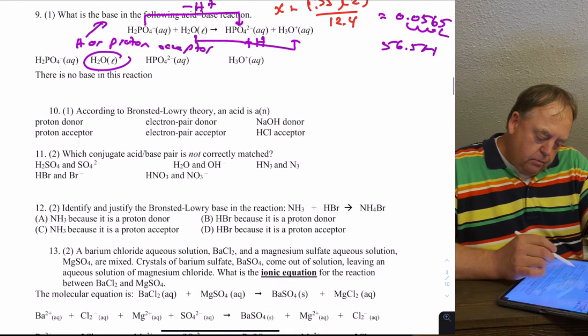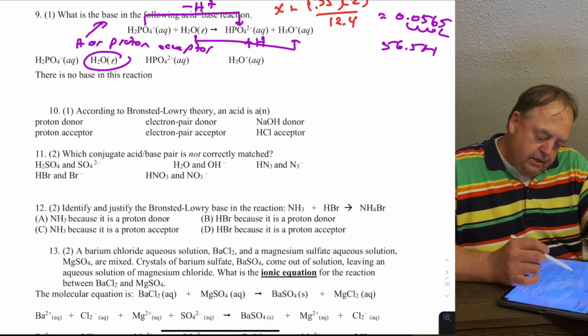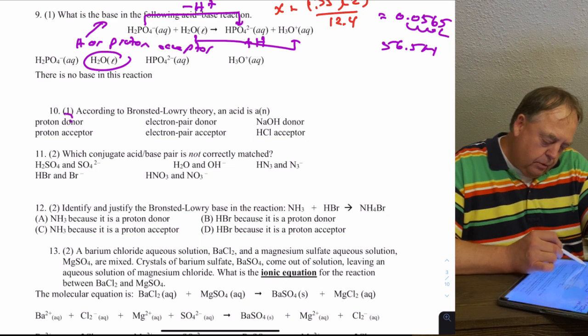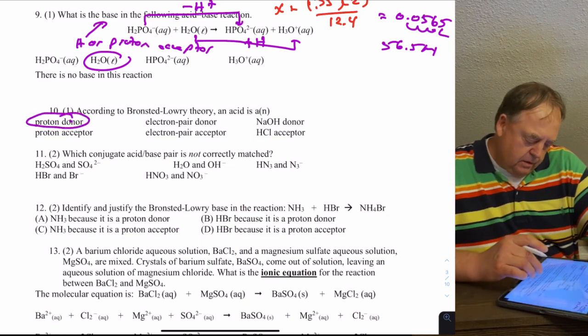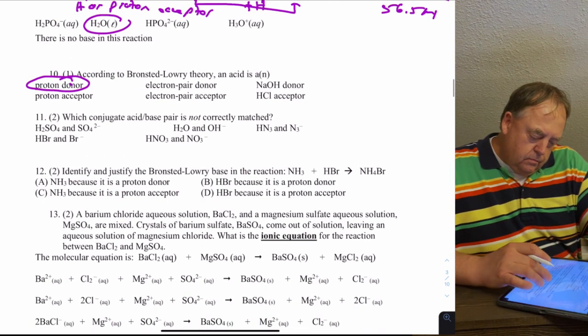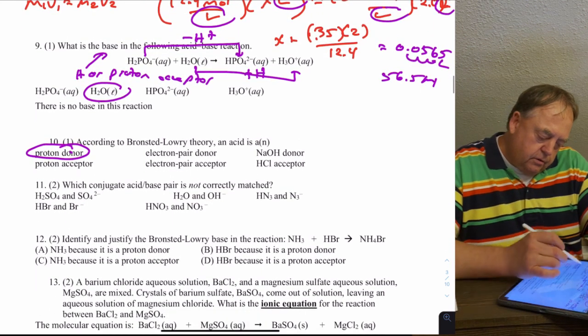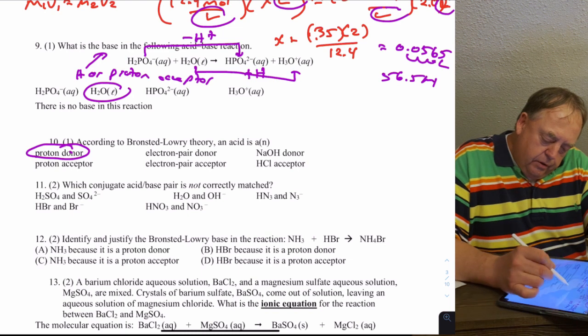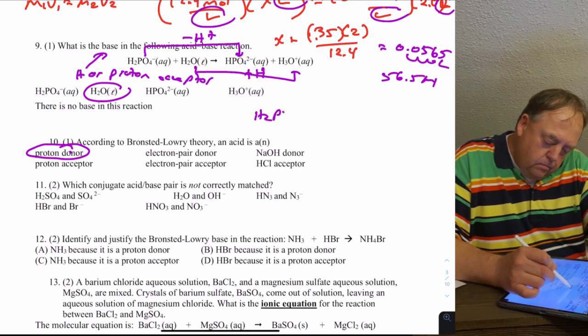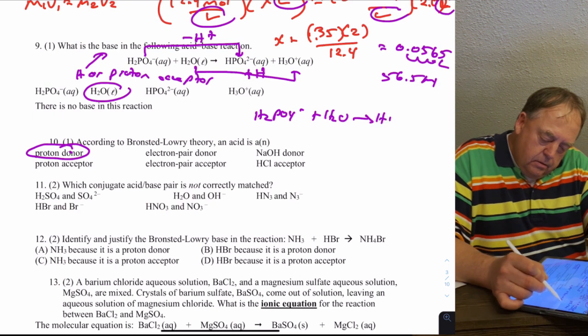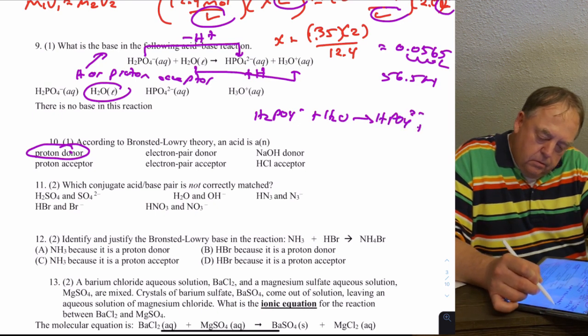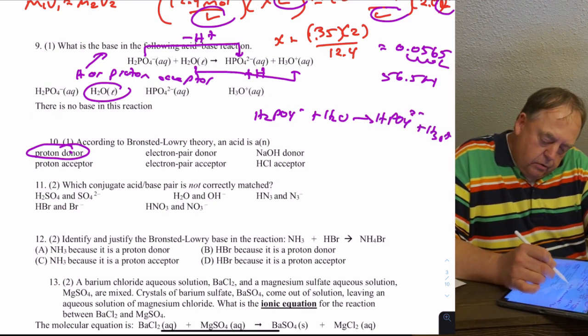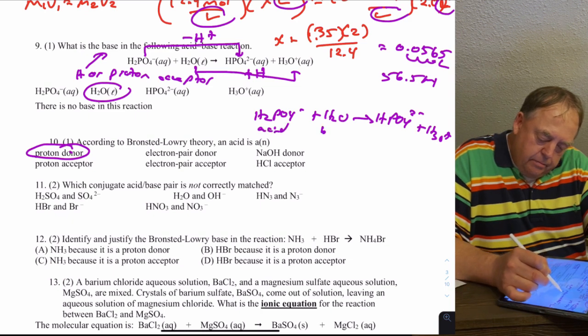Okay, so according to Bronsted-Lowry, an acid, you just got to know the definition, is a proton donor. Okay, so in this problem above, for example, H2PO4, so we said this is the acid, this is the base.